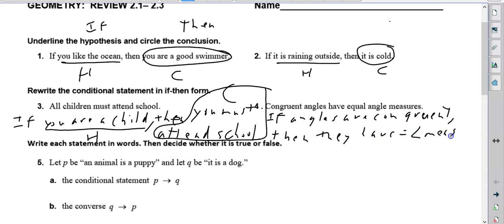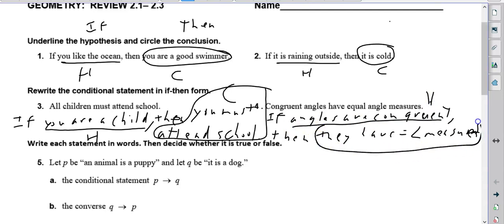I just use symbols to save space. That's the word measures. Work with me here. So again, we didn't have to do it, but I'm going to just for practice. Here's following my if, so that's my hypothesis. And then my conclusion is following then.